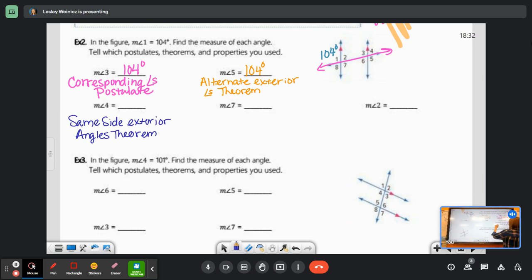So we know that the measure of angle 4 plus 104 degrees equals 180 degrees. So we have to subtract 104 from 180. And when I did it, I got 76 degrees.